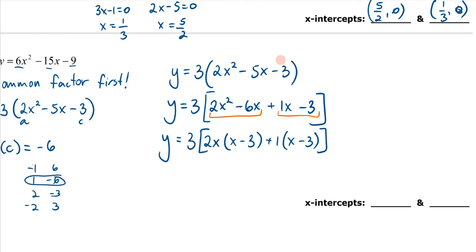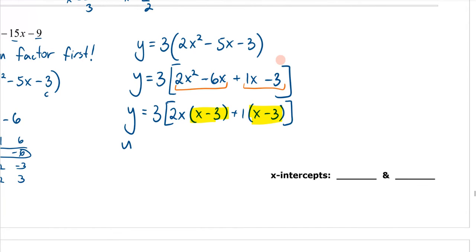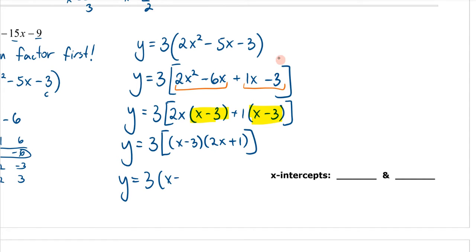Close the square brackets. Look at the fact that you have a common expression as your factor. Factor out the common expression. So y equals 3. But remember, when you're factoring out the common expression, we're still staying within the square brackets. So here I have x minus 3. And then what's left over is 2x and plus 1. And then once we're done, we can remove the square brackets. Y equals 3 times x minus 3 and 2x plus 1.